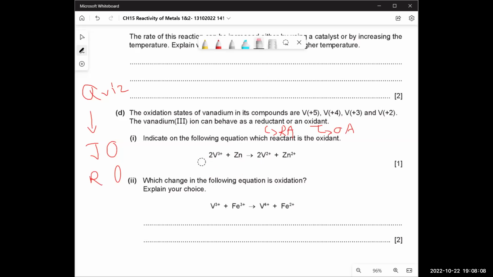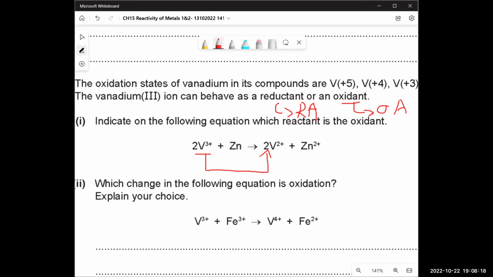So we'll see what's happening first. Look, first thing is to check from here to here what change is happening. It's going from 3 plus to 2 plus. That's -1. From here to here, that's +2. Now, which of these is oxidation? Gain is oxidation.